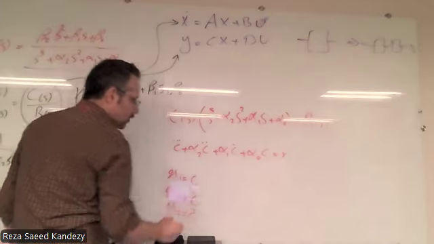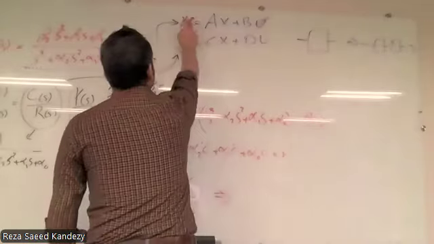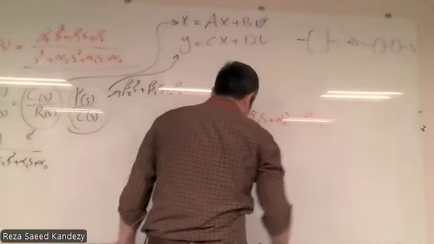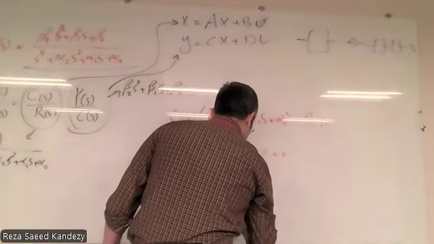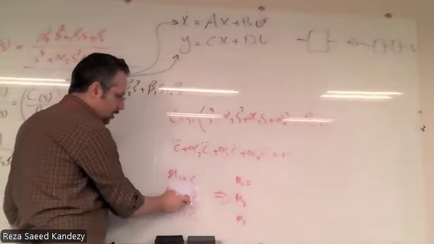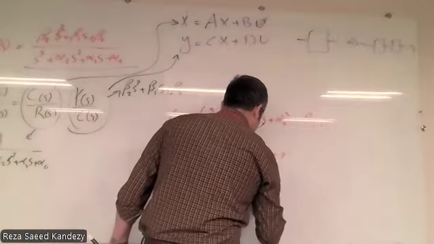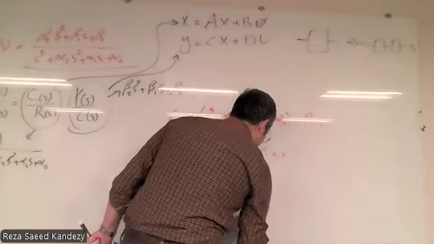Third one is C double dot. That means my x dot vector is going to be x1 dot, x2 dot, x3 dot. x1 dot is C dot, which is x2. X2 dot is C double dot, which is x3.